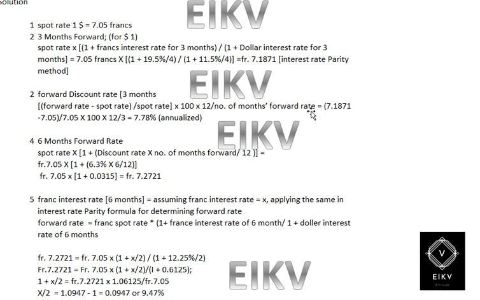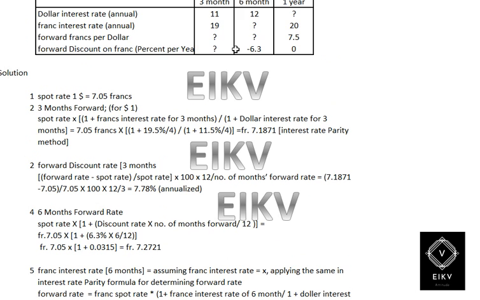So 7.1871 is the forward rate. So 7.1871 minus 7.05 divided by 7.05 into 100 multiplied by 12 by 3, which gives you 7.78 annually. So the discount rate would be 7.78.